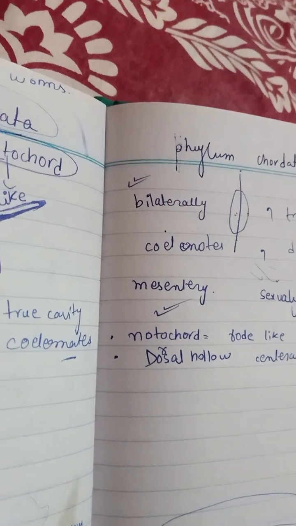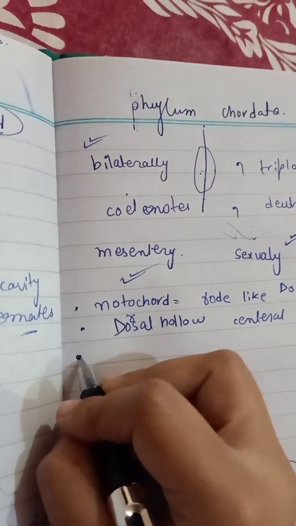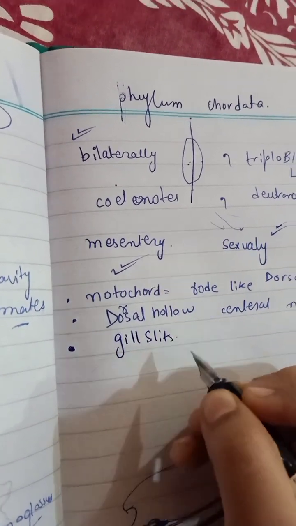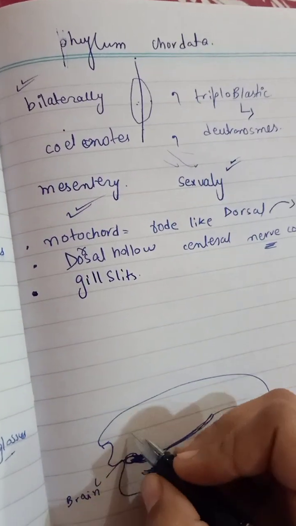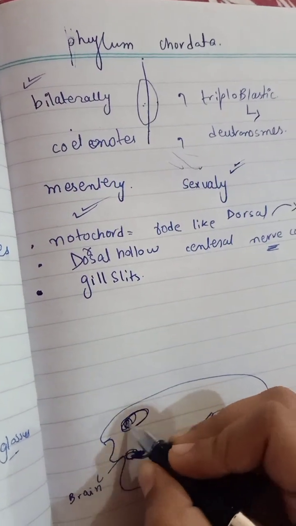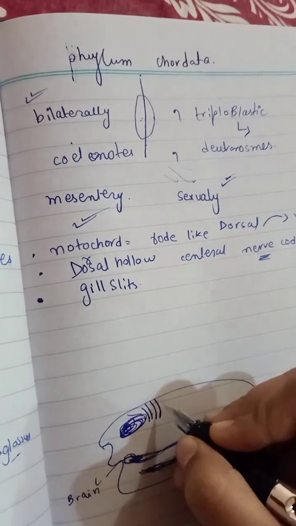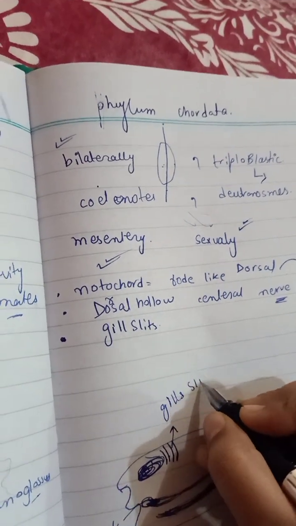After that, the third main characteristic is the gill slits. Gill slits are where they basically respire. For example, at the pharyngeal stage they have slit-like structures. What does it mean?